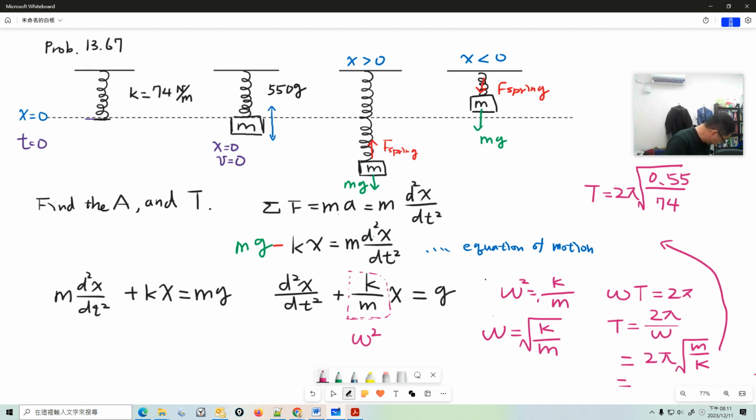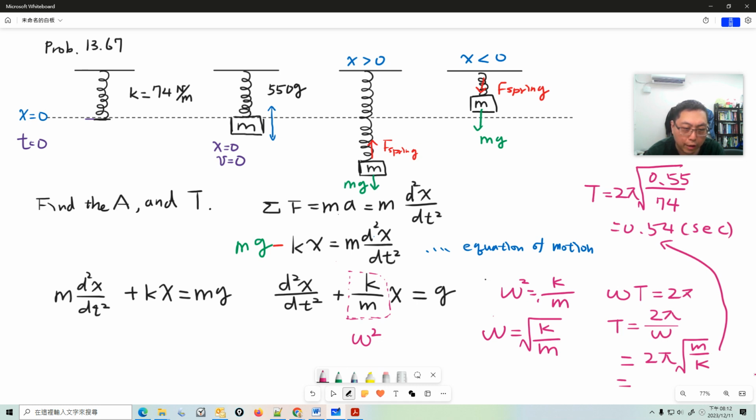Let me check. Yeah, I think the answer is right. Let me check, did I write anything wrong here? My answer is 0.54, and the unit is second.